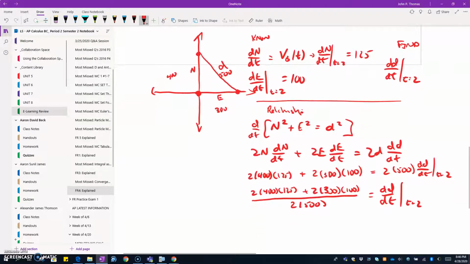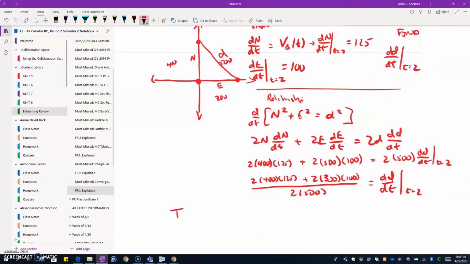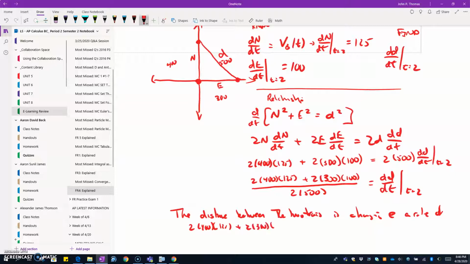So I could put this in context at this point, and I would say the distance between the 2 trains is changing at a rate of 2 times 400 times 125 plus 2 times 300 times 100 over 2 times 500.